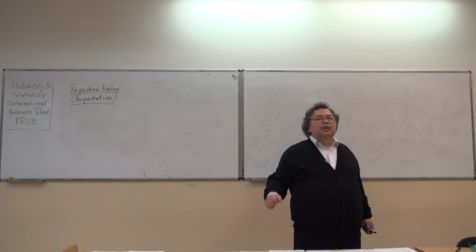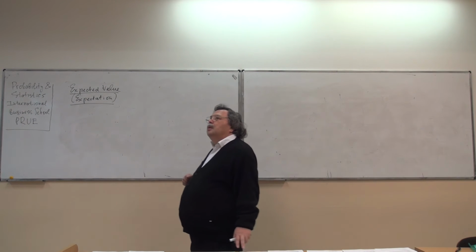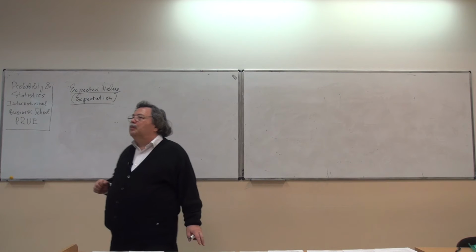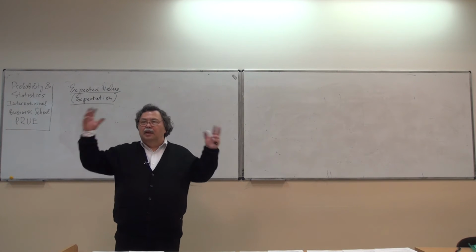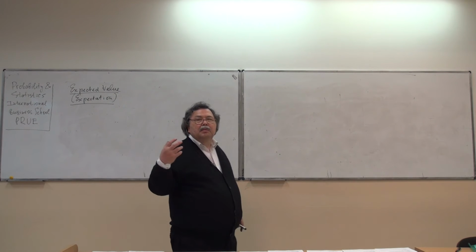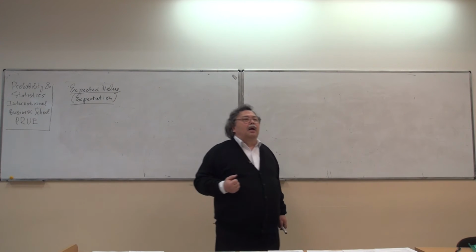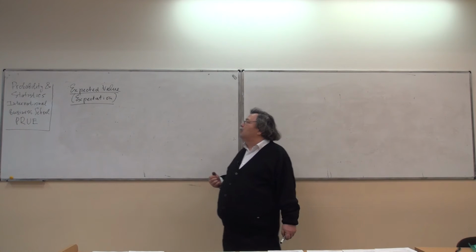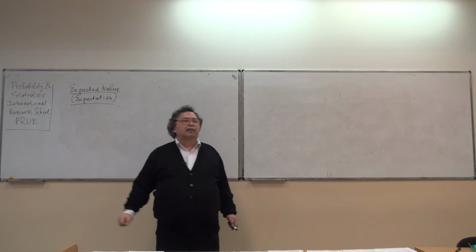Quite often, we are not concerned about all the details of this distribution, and we are satisfied with knowing some summary, some parameters that summarize the distribution and give us an idea of its main properties. And the most common and the most widely used parameter of this kind is the expected value.